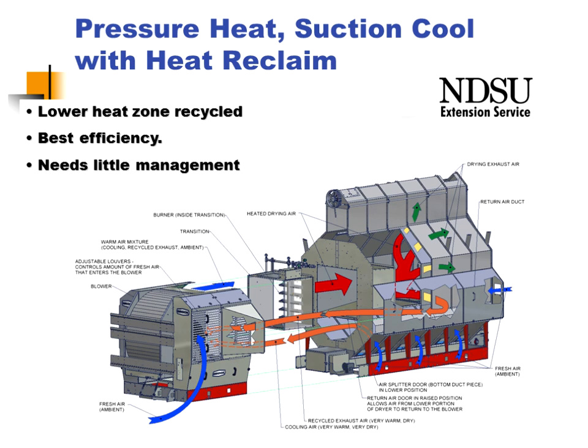The last dryer that we will look at is the pressure heat, suction cool with heat reclaim off of the final portion of the dryer. And so now in this case we have a shrouding or housing around the lower portion of the drying column. And what we're doing then is not only capturing the air coming through the cooling portion of that dryer, but also that final drying stage of the dryer.